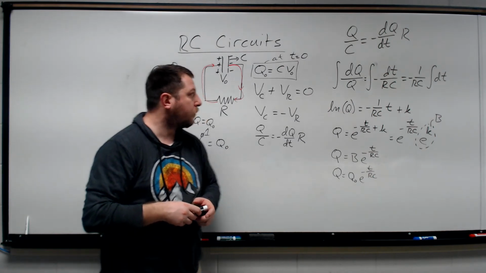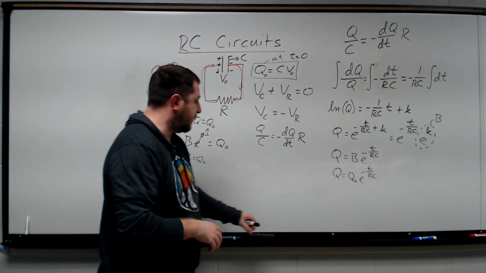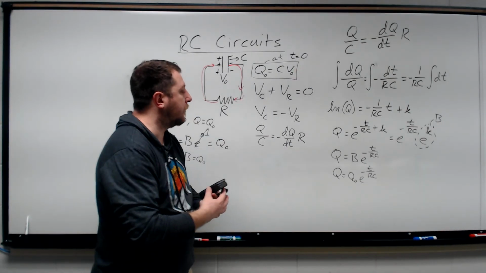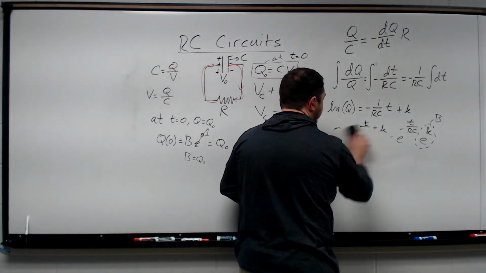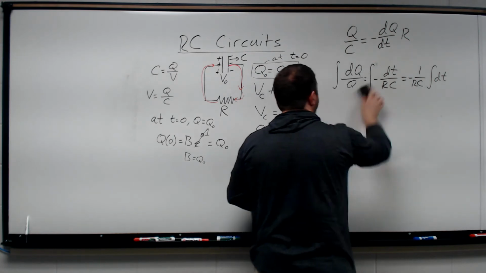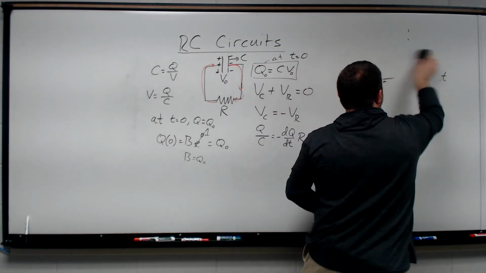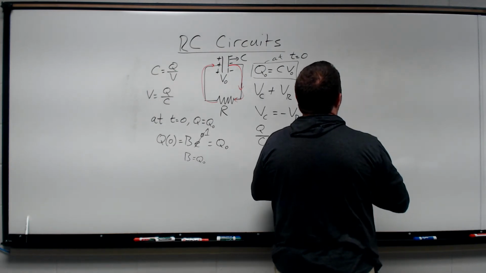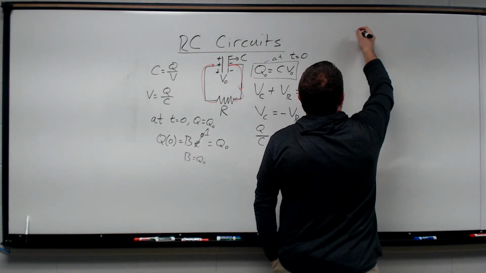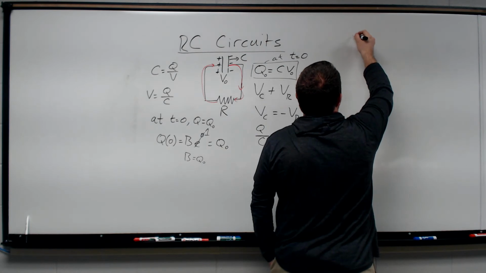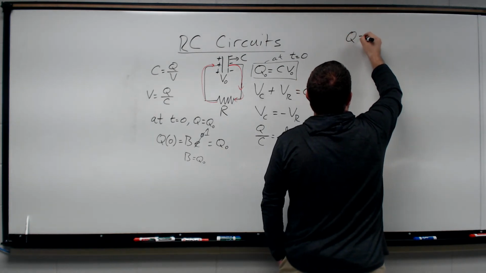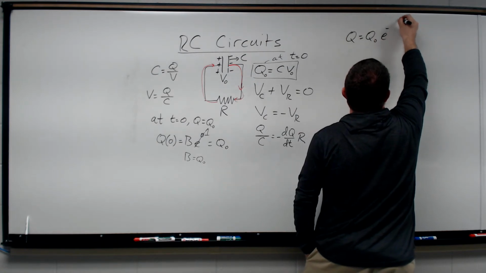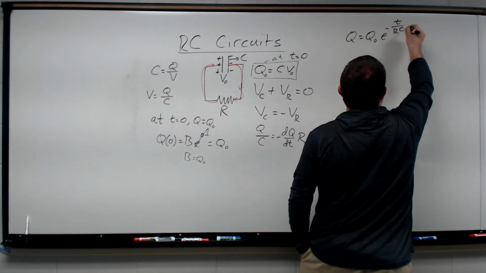So how do those work? Well, first things first, let's write our result for the charge up here. So let's erase some of this. And we're going to have Q is equal to Q naught e to the negative t over RC.